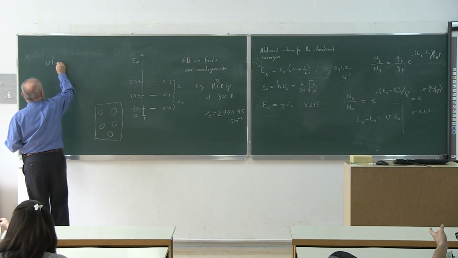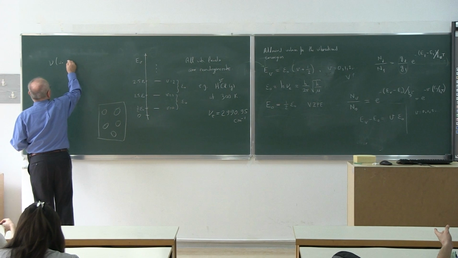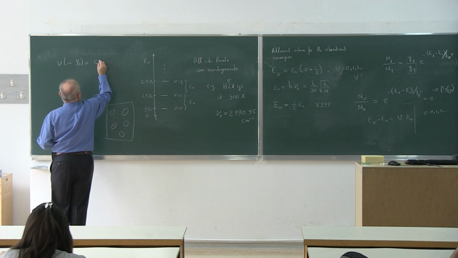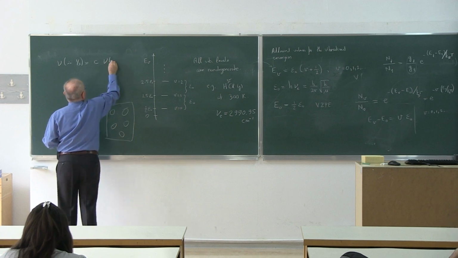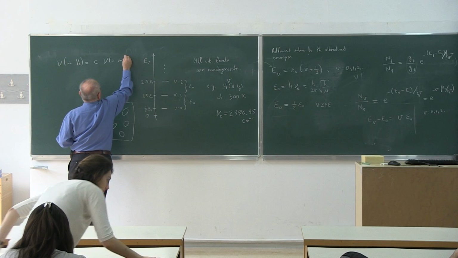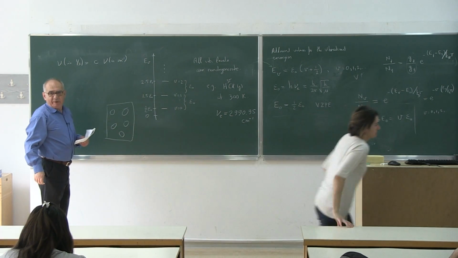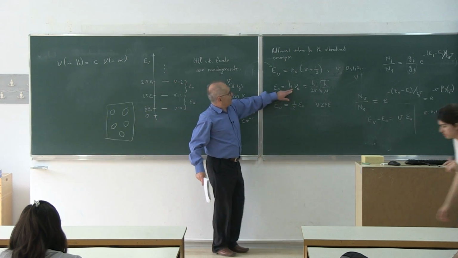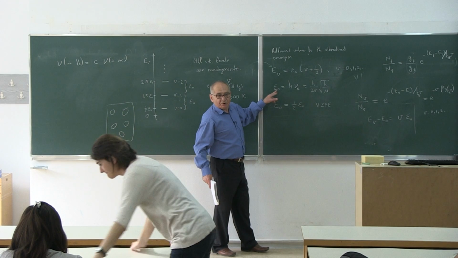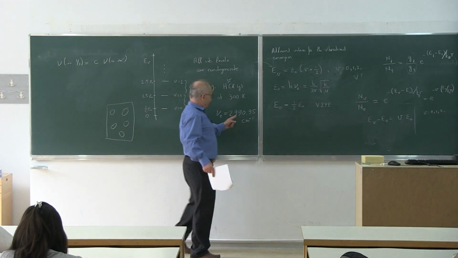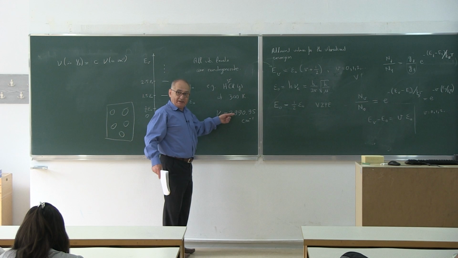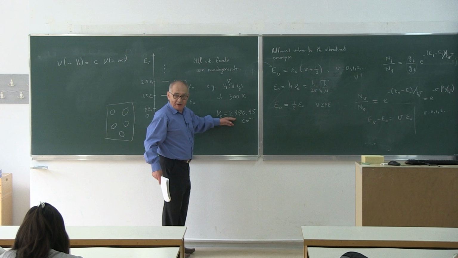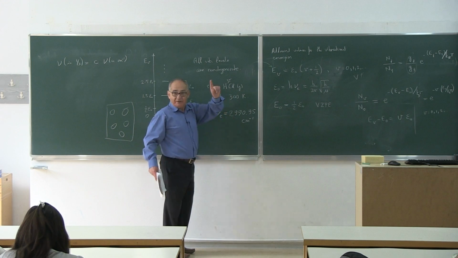Frequency in hertz is c times frequency in wave number unit. Remember? So if you want to use this expression to calculate hν_0, and if the frequency is given in wave number unit, you must multiply this number with the speed of light in centimeters per second, remember.